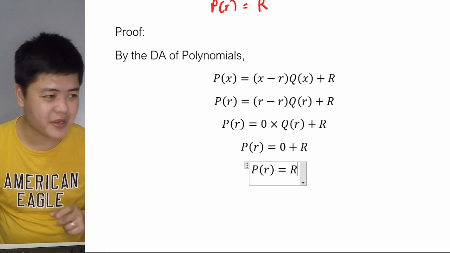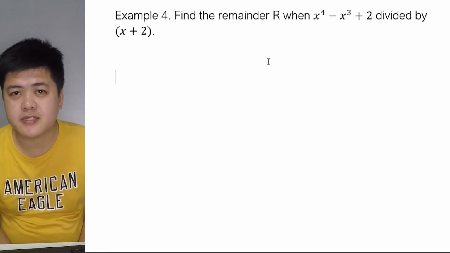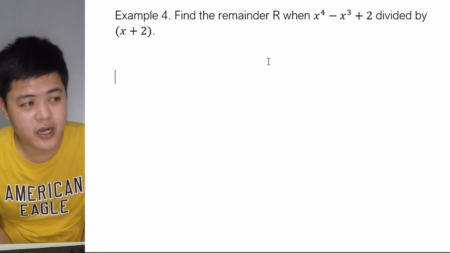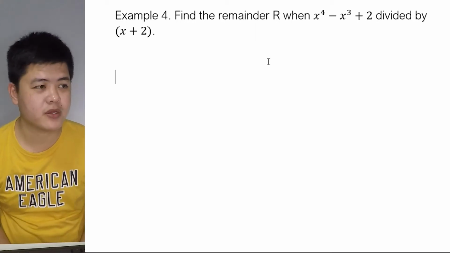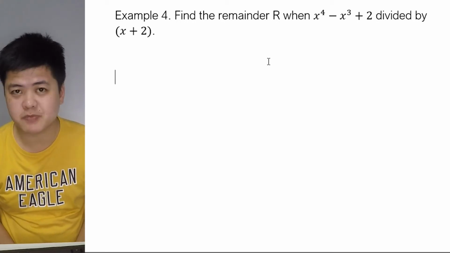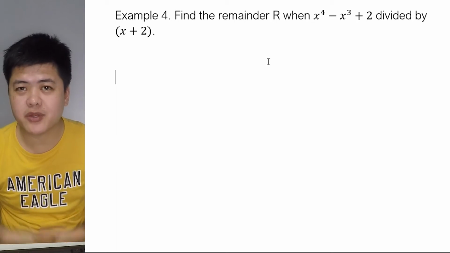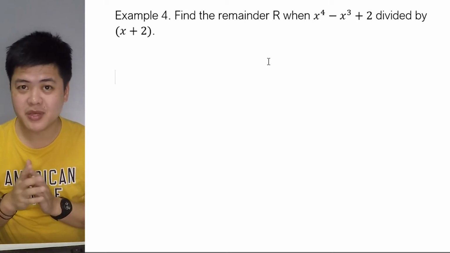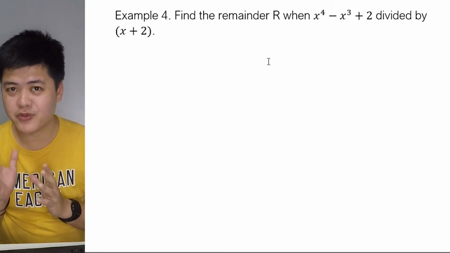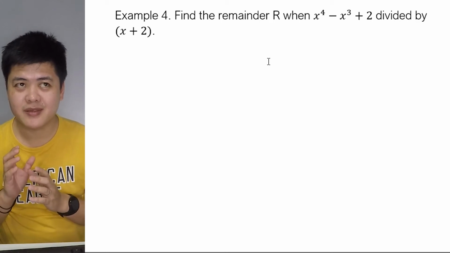Let's apply the remainder theorem. This is example number 4. Find the remainder r when x to the 4th minus x cubed plus 2 is divided by x plus 2. You can show this by either using the remainder theorem or using synthetic division. Let's use both. But first, let's use the remainder theorem.